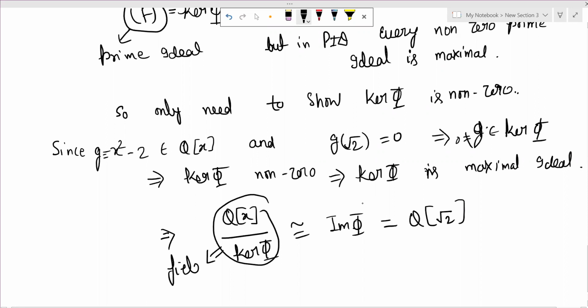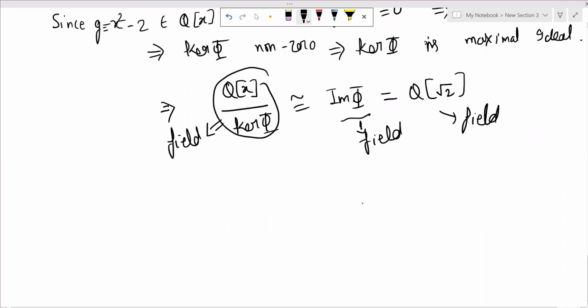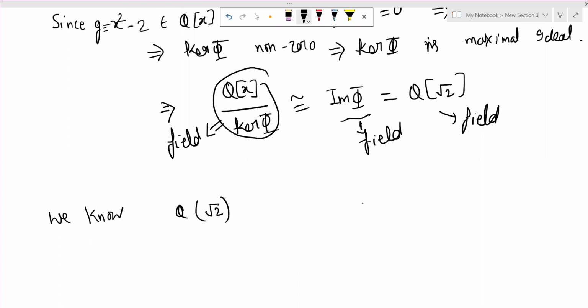So this is also a field. This implies Q[root 2] is a field. Now we know Q(root 2) is the smallest field among all fields containing Q and root 2.